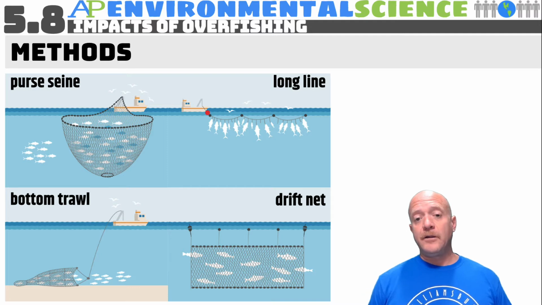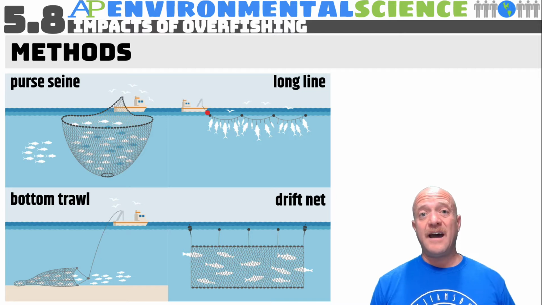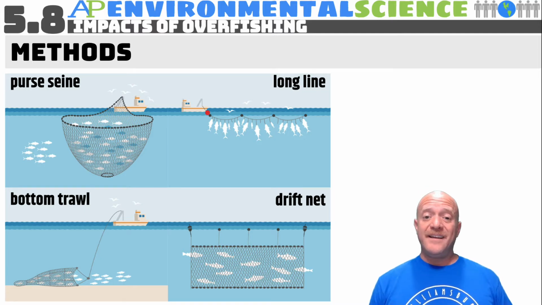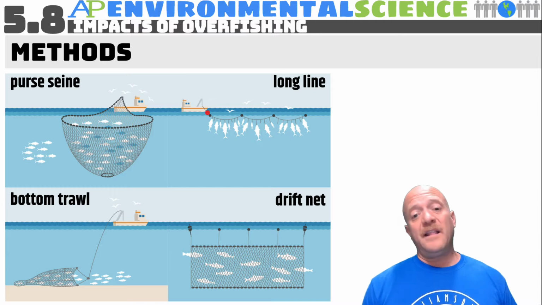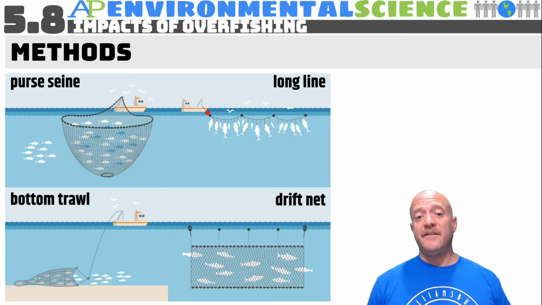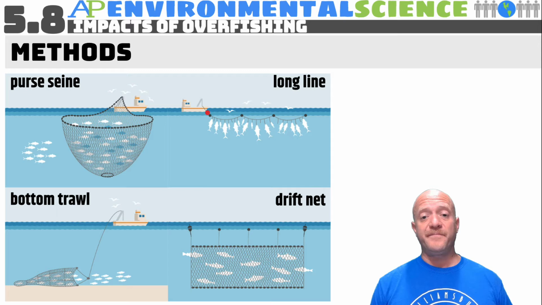So it may be a little bit more sustainable. However, it is not going to result in high profit margin because there is just one line and you cannot guarantee that you are getting all of the fish that are in an area.